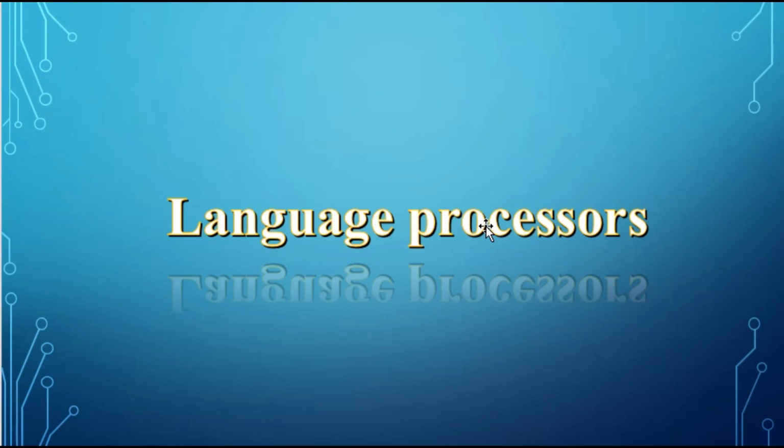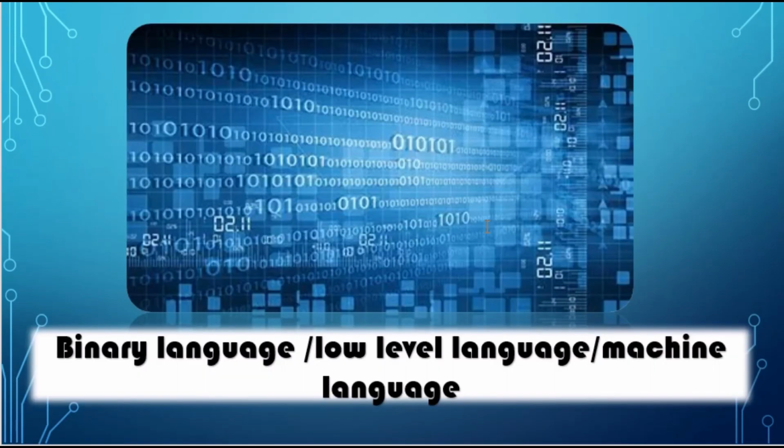That is simply zeros and ones. Language processors are required to convert all human instructions into machine understandable instructions. This is a binary language. It is a low-level machine language. It is the language that a machine understands.